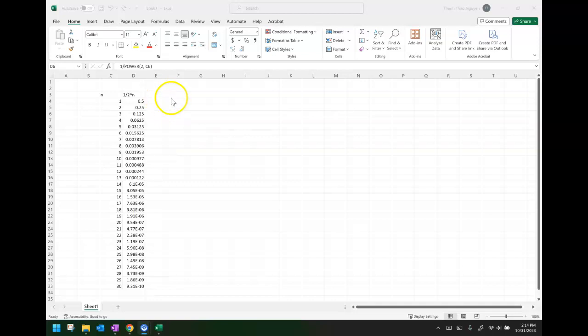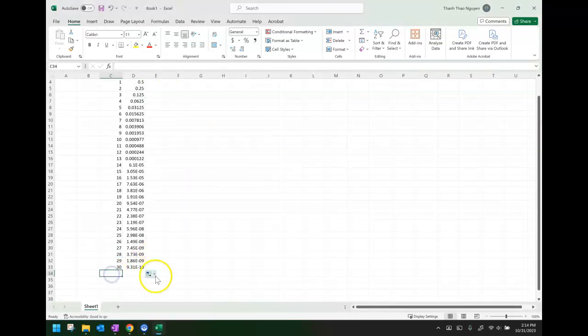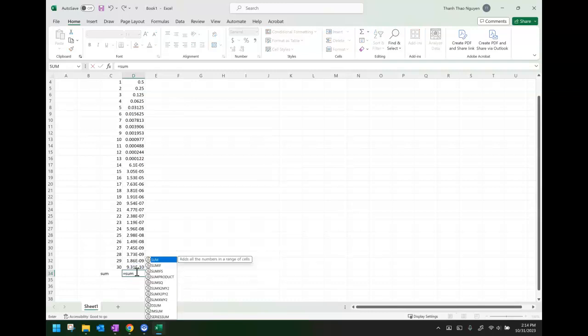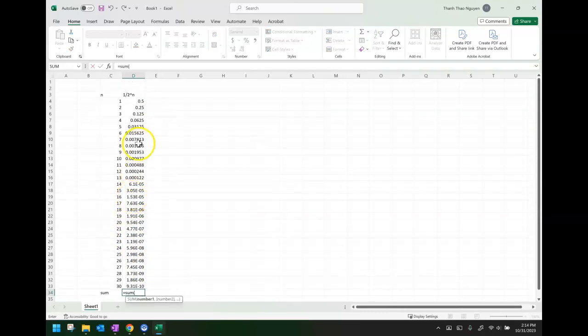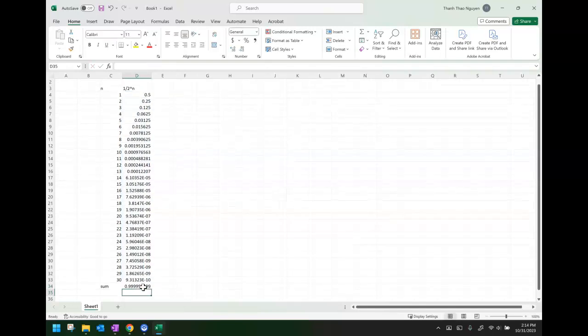Let's go ahead and find the sum. What is the sum of the 30 terms? We add them all together. That gets close to 1, right?